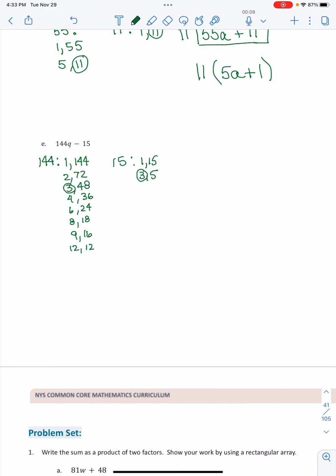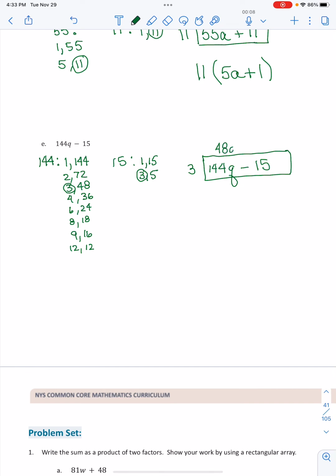So when I create my box, I have 144q minus 15. And I'm going to bring my 3 out here. So when I divide it, I have 48.